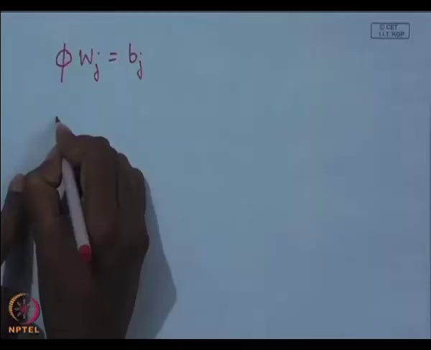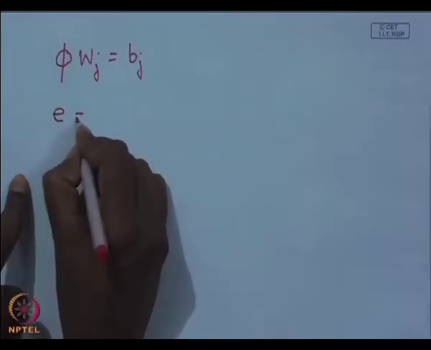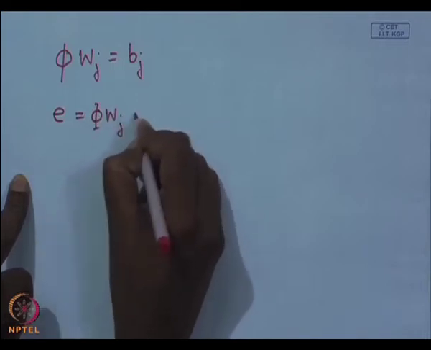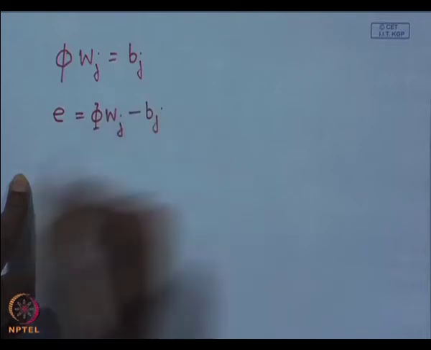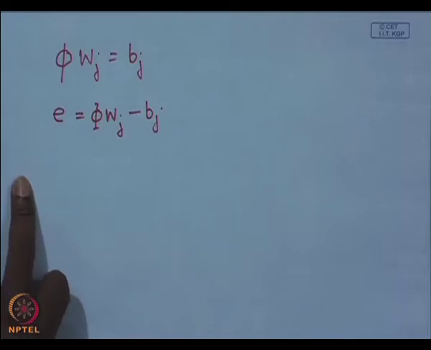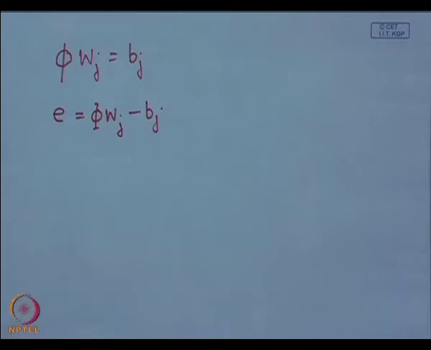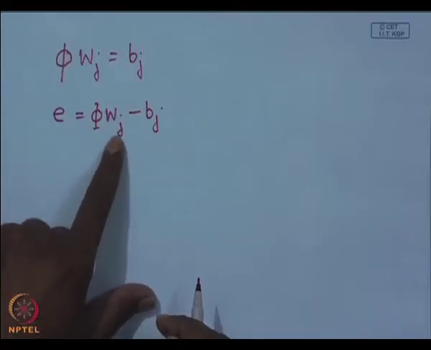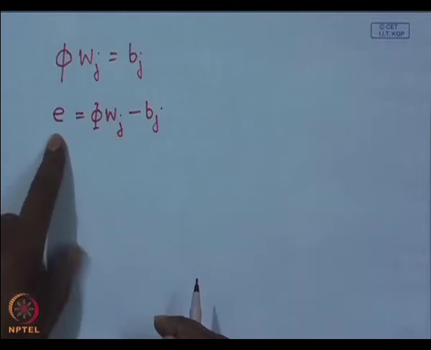If this equality is not satisfied, then I can define an error E, which is nothing but phi w j minus b j. And now training involves adaptation of this weight w j, so that this error can be minimized.